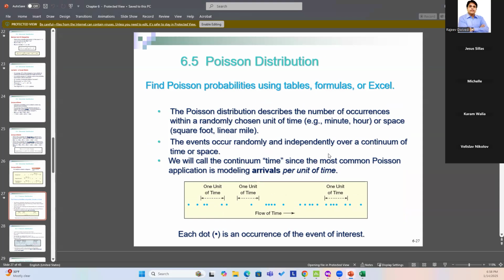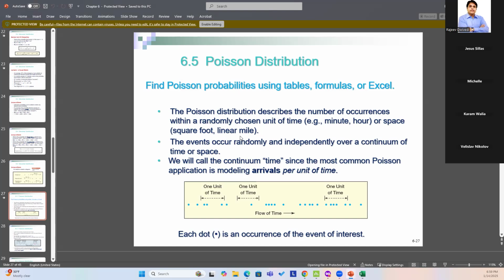So let's say in a hospital, in a particular hour, on average 20 patients arrive in emergency per hour. Or let's say at an airport, 8 flights arrive at the terminal every 30 minutes. If you look at an average situation per minute, hour, or space, then you can understand this is a Poisson distribution.